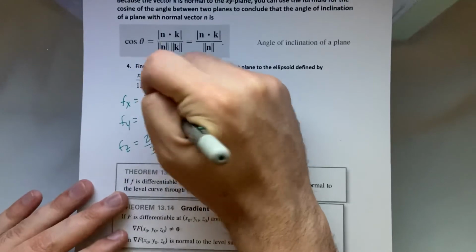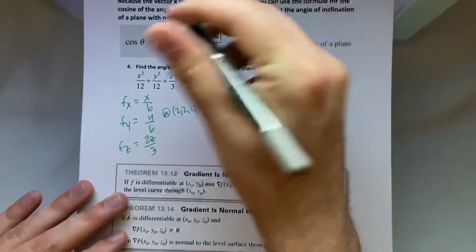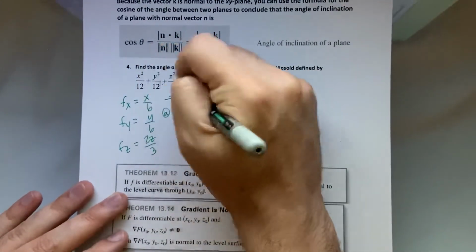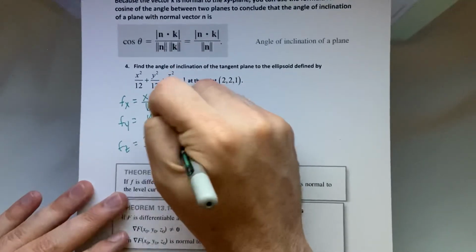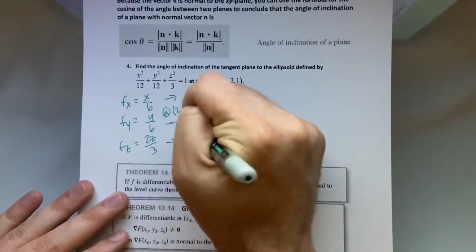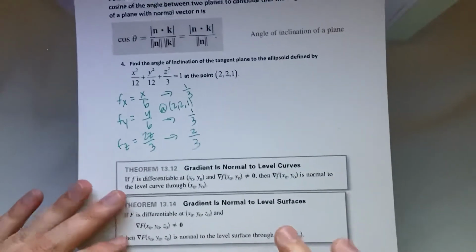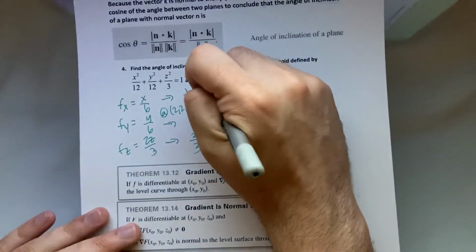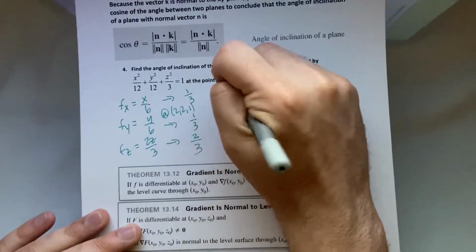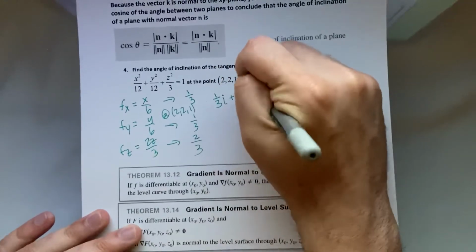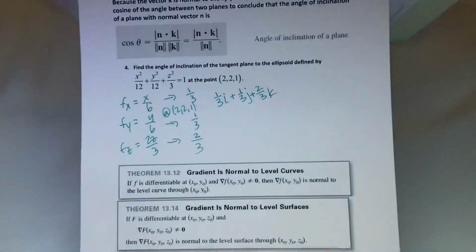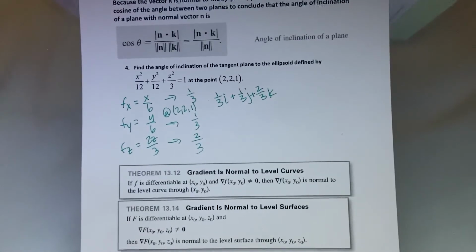Okay, so at (2, 2, 1), we get 2/6, or 1/3. This is also 1/3, and this one is 2/3. So the gradient is 1/3 i plus 1/3 j plus 2/3 k. Now recall, we need the dot product of that with k.